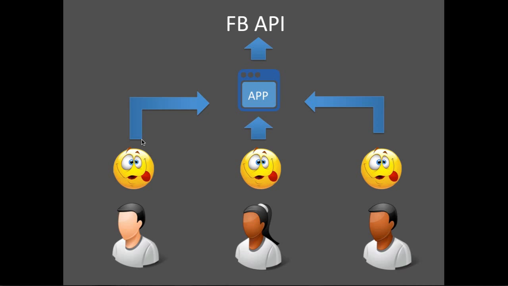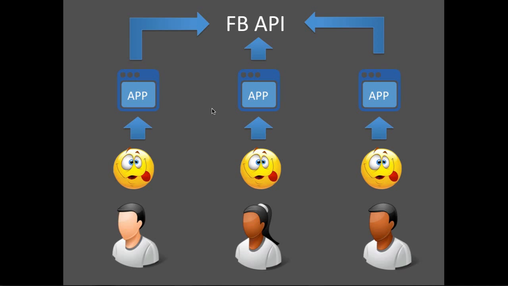Now with the new fix in version 2.4.1, the architecture has changed to look like this. As before, you've got Bob, Jane, Michael, each using Social Lead Freak, but instead of connecting to one Facebook app, each of them now has their own Facebook app set up, and each of these apps then connects to the API individually.